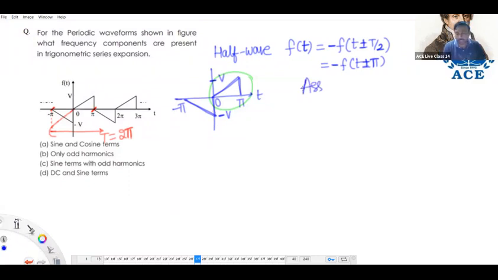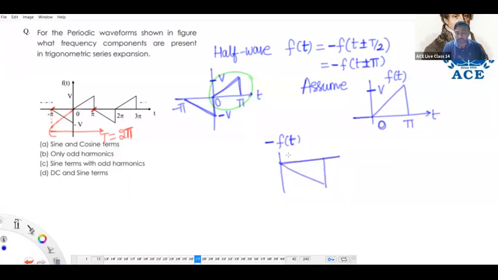I will assume the upper segment as reference. From that, we have to generate the lower one. So f of t must be equal to minus f of t plus or minus T by 2. If this is f of t, what is minus f of t?